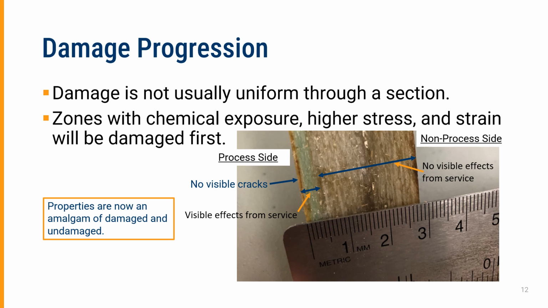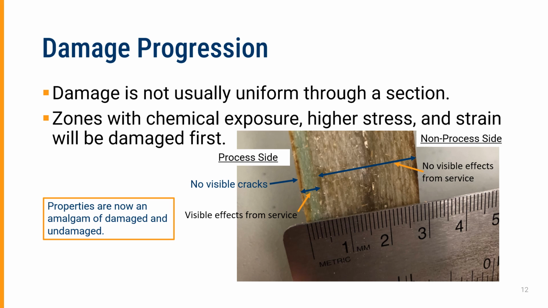So zones with chemical exposure, or if there is higher stress or strain in a particular zone, those zones will be damaged first. And I'm showing here a cross-section of a cutout from an FRP shell that has been used to contain hydrochloric acid. You can see that this is a 28 millimeter thick piece of FRP. There are no visible cracks on the process side, none.